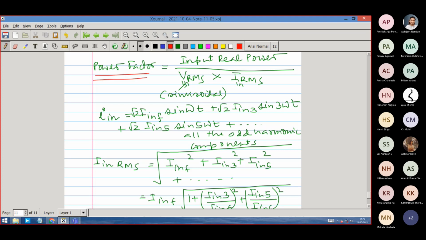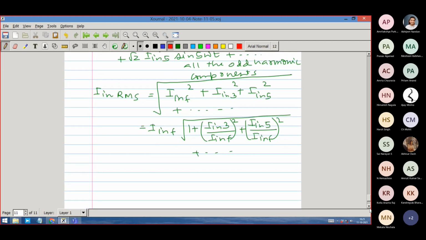So what is this expression implying? This power factor expression is implying input real power, and we already know what input real power is.